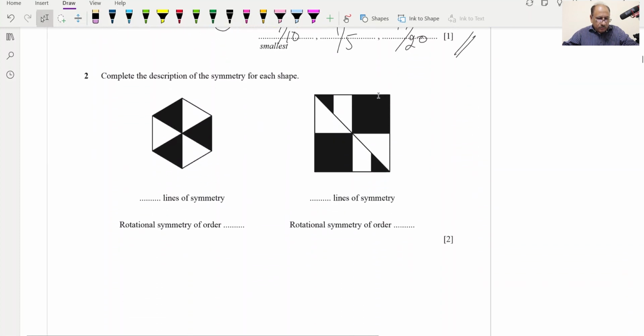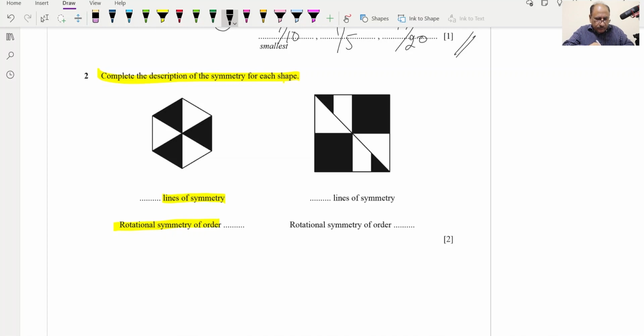Now question number 2 says complete the description of the symmetry for each shape. So lines of symmetry we will have to check for this shape, and rotational symmetry also we need to check for this one. And if we check the lines of symmetry, we can draw 3 lines of symmetry.